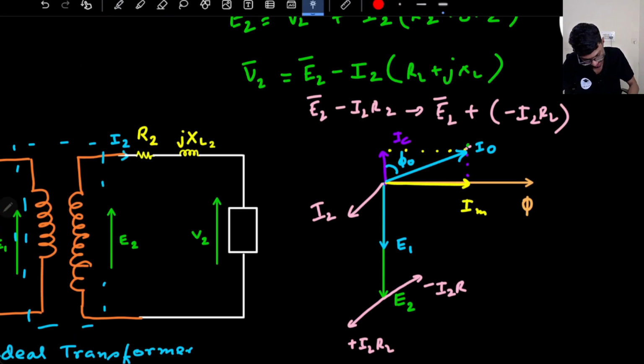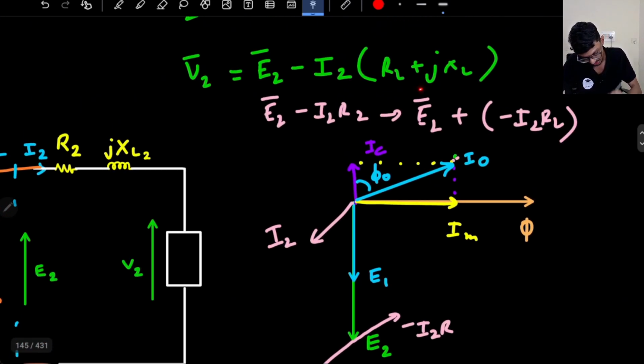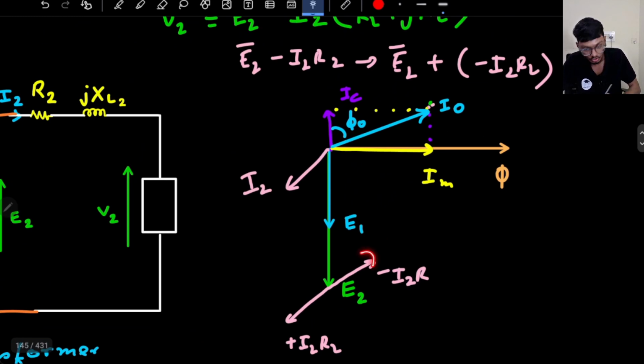Same thing I have to do for X2 as well. What is I2 jX2? It is a 90-degree component. Plus j means I will go in the anti-clockwise direction, and minus j means the clockwise direction.